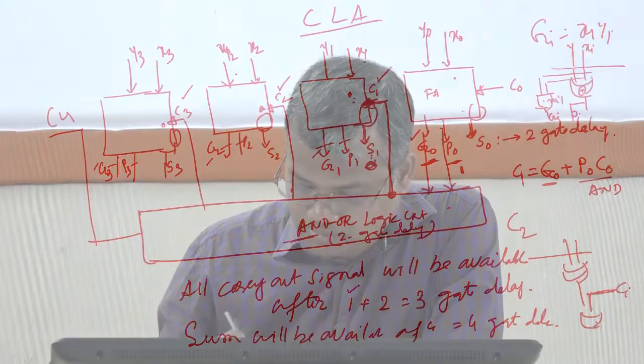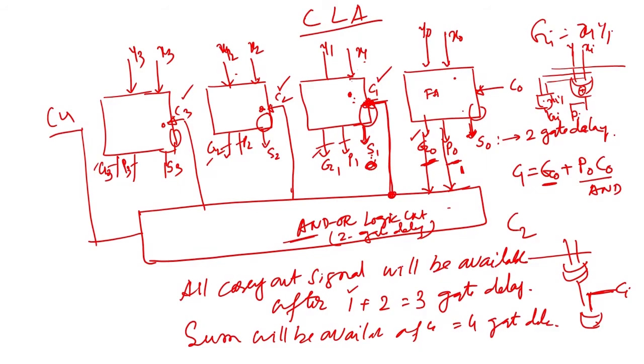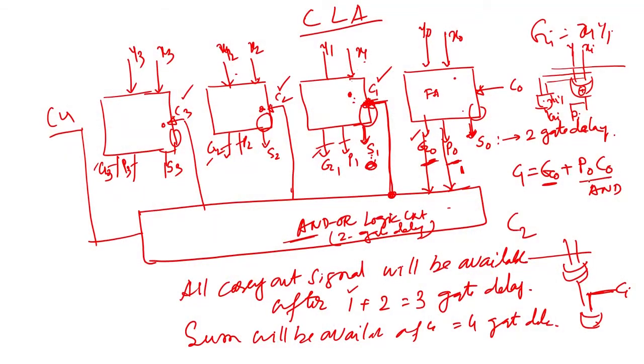So, that is one, and after that you have to generate C1, C2, C3, C4 simultaneously. C1 is nothing but G0 plus P0 C0, which is one AND gate and then an OR gate.